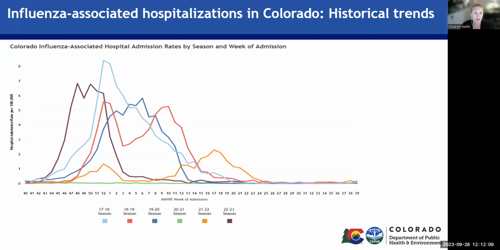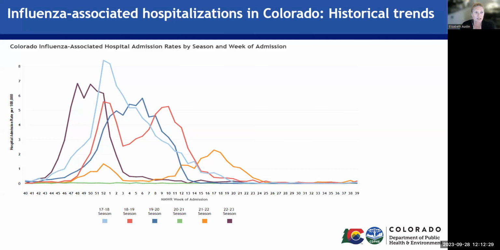And just to describe the MMWR weeks of admission on the horizontal x-axis: MMWR weeks are the week of the year that correlates with the reporting of infectious disease data, and that is used by the National Notifiable Disease Surveillance System.